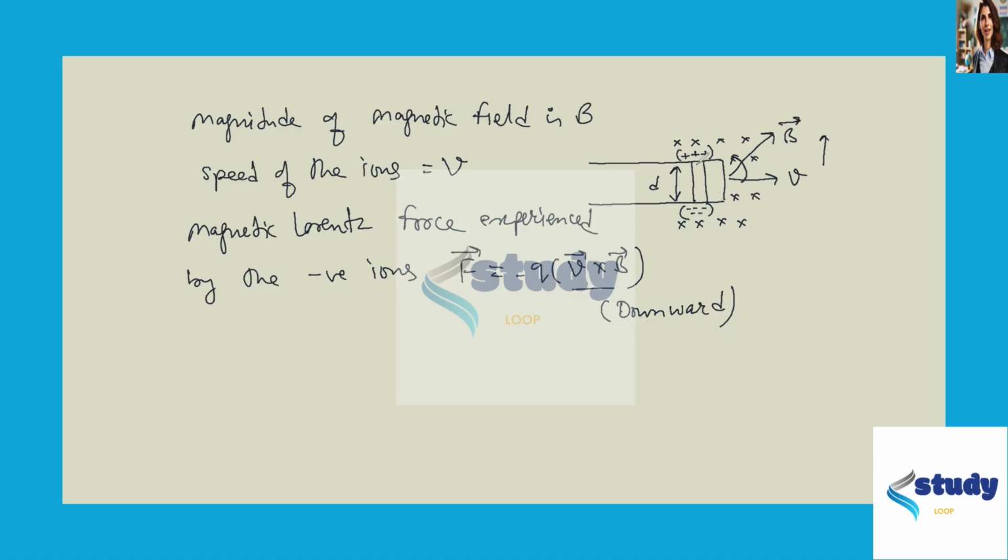So an electric field will set up here, let it be E. So after some time, what will happen? This was the magnetic Lorentz force, so the negative ions will start experiencing an electrostatic force in upward direction.